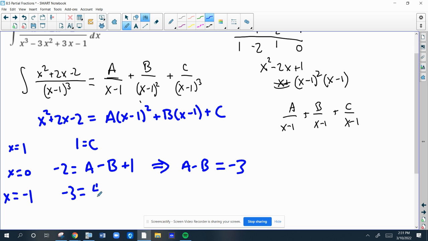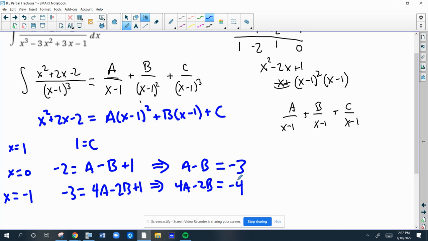So 4a. Plug it into the b, you'll get negative 2 times b, so negative 2b. And c is still 1, so that gets you this equation: 4a minus 2b equals negative 4. So now I have this two equation system with two unknowns.